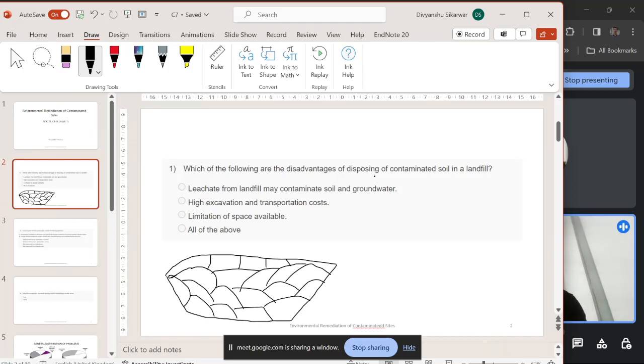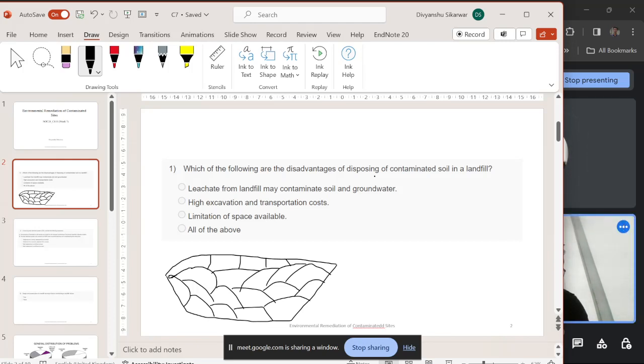So is it an advantage or disadvantage? Disadvantage, sir. Okay, as compared to other methods you might have already studied, like PRB, permeable reactive barrier, and all those methods, right? Yes, sir.